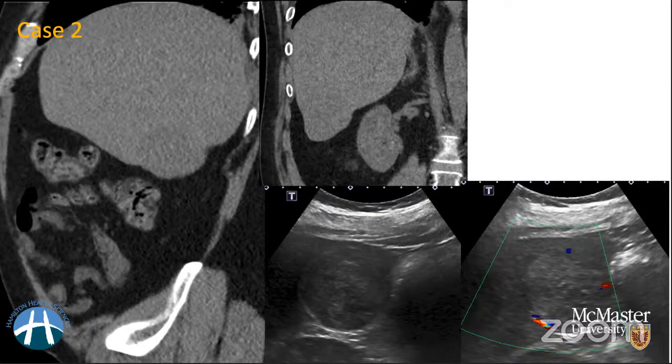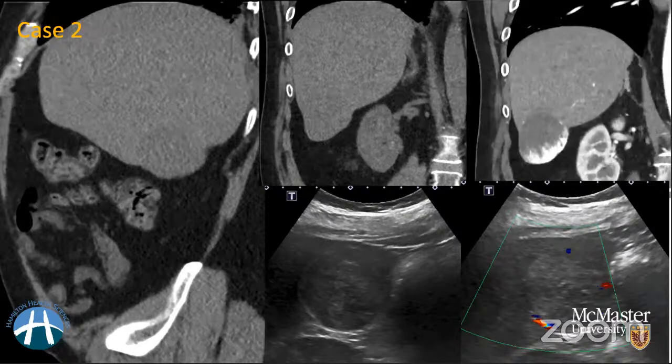So in this particular case, it ended up being a multi-phase contrast CT. And this is the contrast CT appearance. So this is the post-contrast image, coronal reformat in the arterial phase.